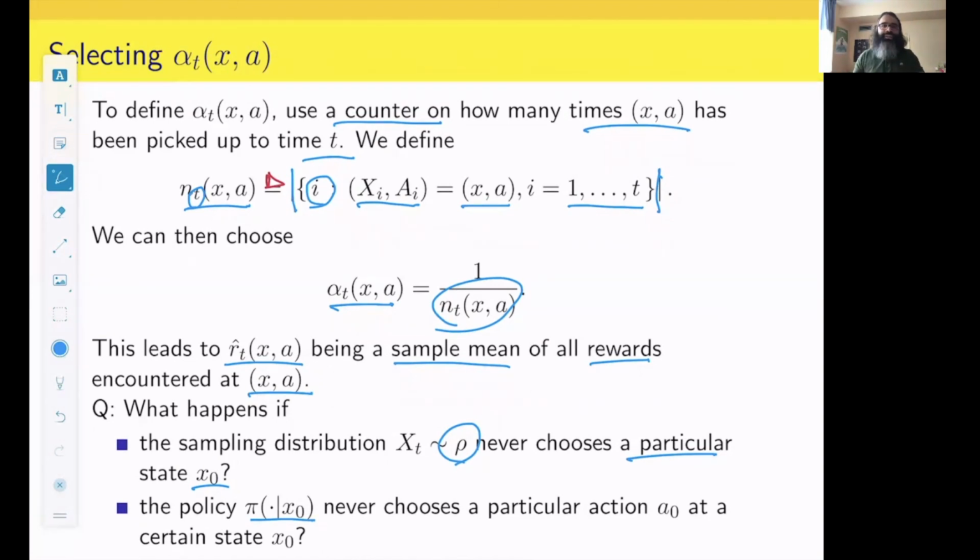The short answer is that if we don't have a sample from some particular state, then we won't have any good estimate of the reward function at that state. The requirement here is that we repeatedly choose states in order to converge to the true value. But if we don't repeatedly choose some state or state-action pair, we can't have a very good estimator of that reward.